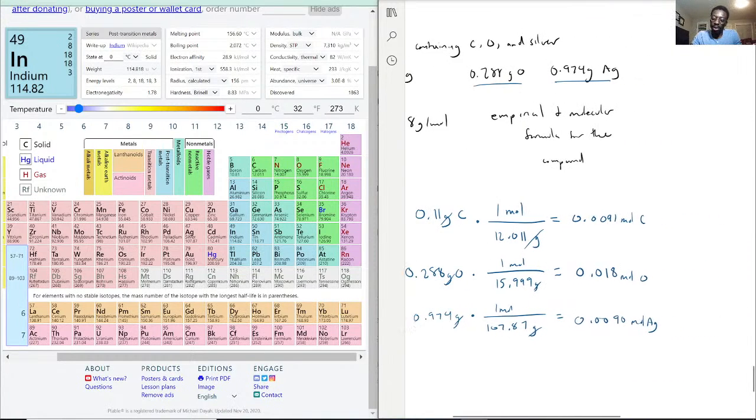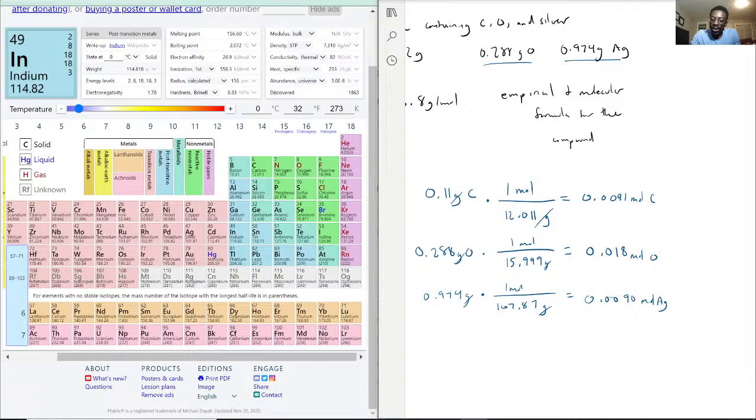Now you probably start to see something right away in the ratios. The smallest number technically is silver, but these two are quite close to each other. Point being, you want to get your smallest number and divide everything by it. So that's divided by 0.0090. The silver would just equal 1.